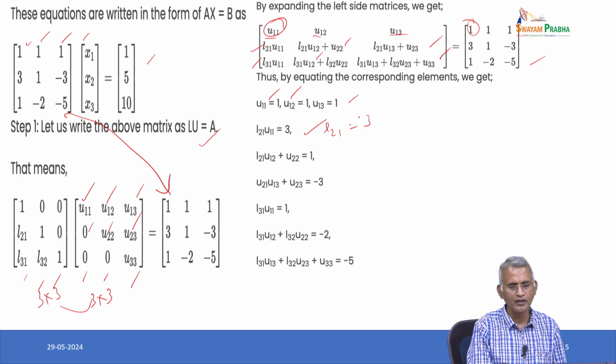Like that, take the second row second column, L21 U12 plus U22 equal to 1, and L21 value you know, substitute it. So 3 into U12 plus U22 equal to 1. U12 value you know, so 3 plus U22 equal to 1. This implies U22 equal to minus 2.